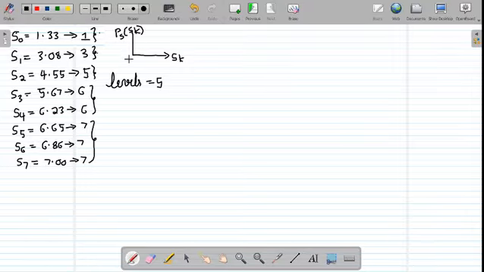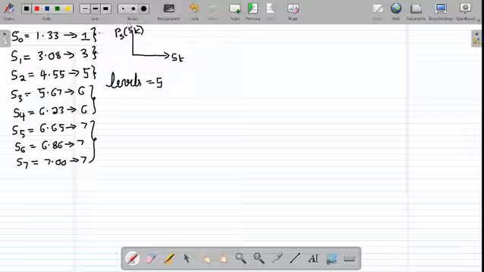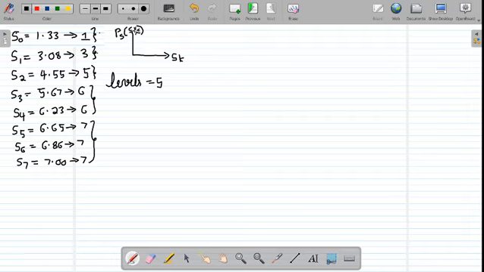That will be called the histogram of the output image, or equalized histogram. Now you have the value of SK, but you don't have the value of PS of SK.